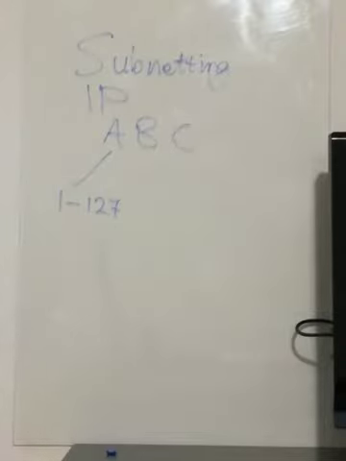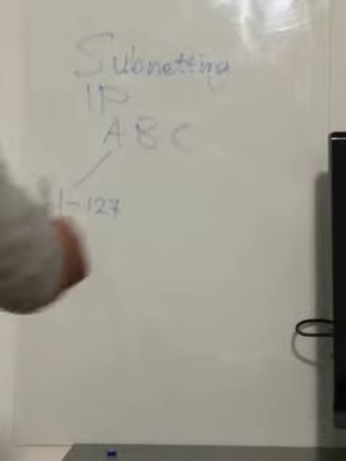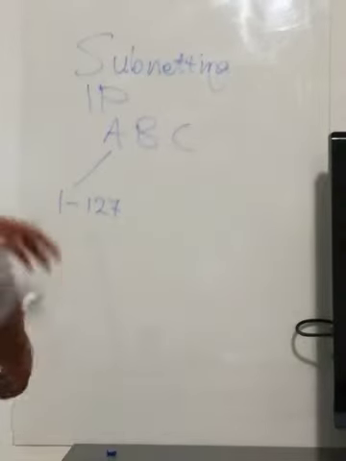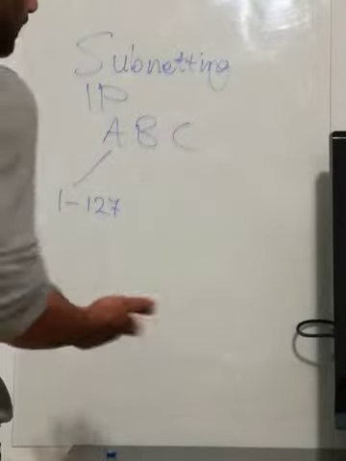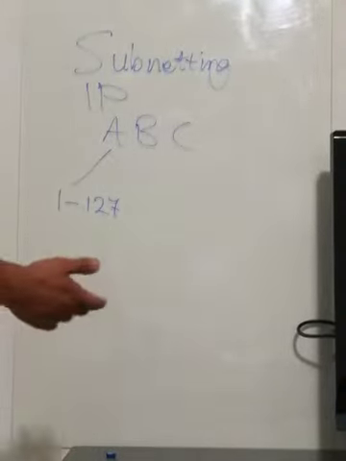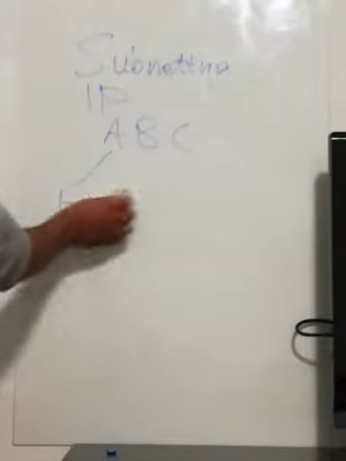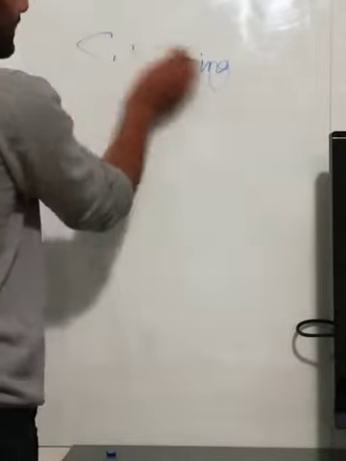What does it mean, 1 to 127? This is very important to know. How do I know that it's class A, or class B, or not a class B IP address? Because we have a solution for it. And I tell you why.